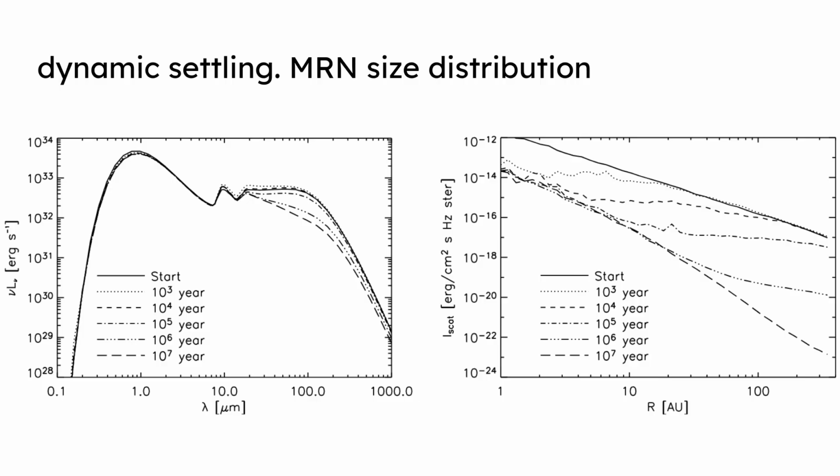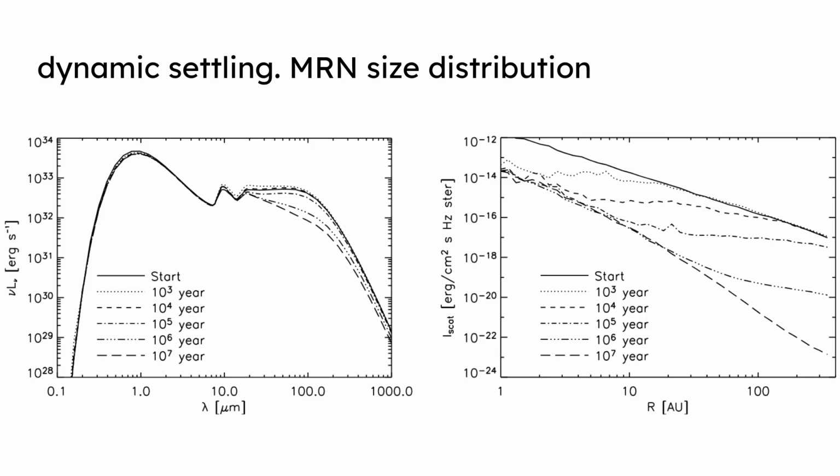It's not reflective, but it can still extinct the starlight that's on the way to reflective dust on larger radii that may not have actually settled that much yet, and that decreases their reflective ability because of this little bit of extinction on the way.